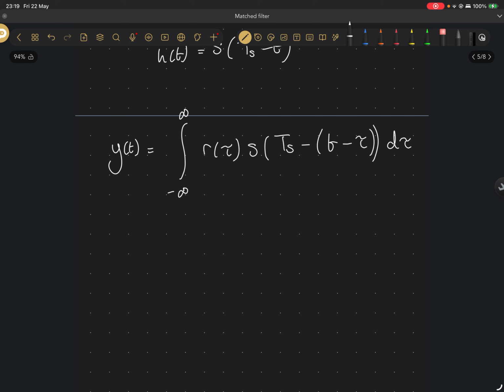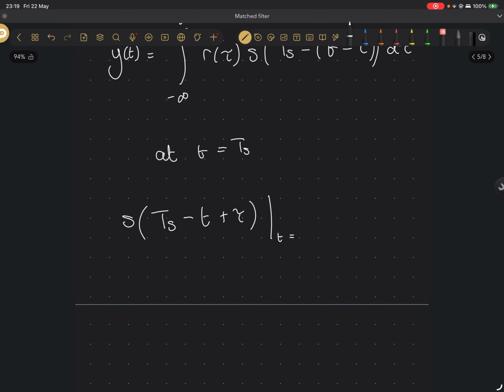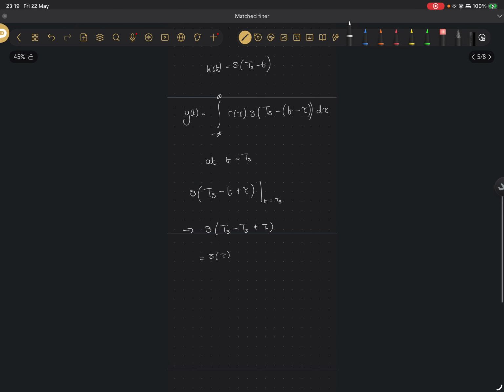And so at t equals ts, the sampling instant, look what happens here. In the waveform that we're trying to detect, the one that we're essentially guessing, s of ts, if we expand it all out, ts minus t plus tau, at t equals ts, we get s of ts minus ts plus tau, which is just s of tau.